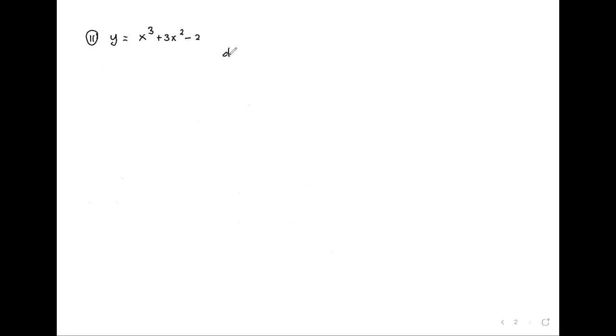Now we know that dy dx is the limit as h goes to 0 of f of x plus h minus f of x, everything over h. So then we are saying if f of x is x3 plus 3x squared minus 2.